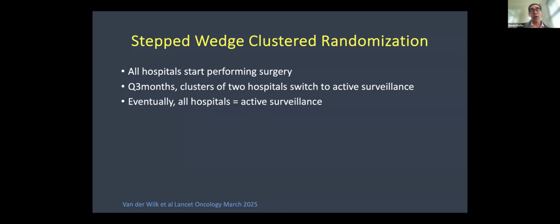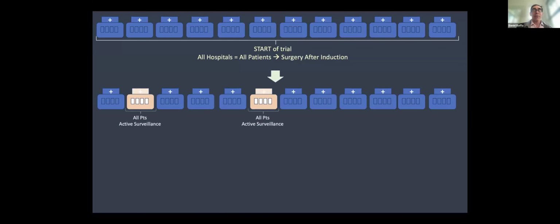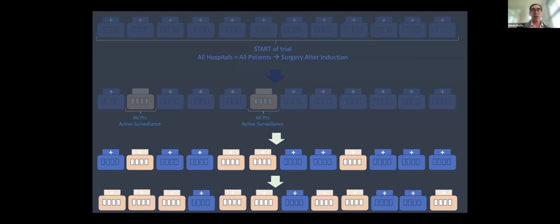And then eventually all the hospitals were doing active surveillance. So with the start of the trial, all 12 hospitals were doing CROSS then surgery, and then every 3 months, 2 hospitals were randomly assigned to take all their patients subsequent to that and do active surveillance. And so eventually more and more of the hospitals became active surveillance until all of them were active surveillance.